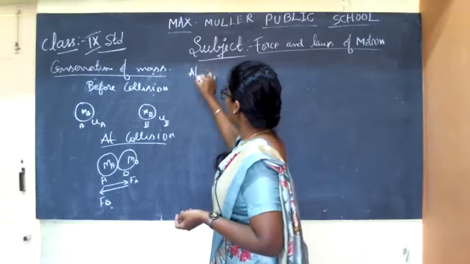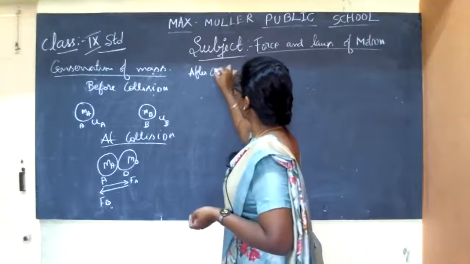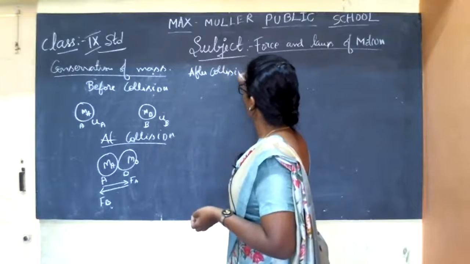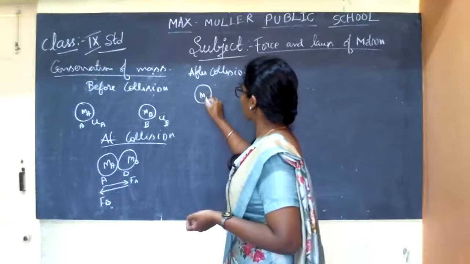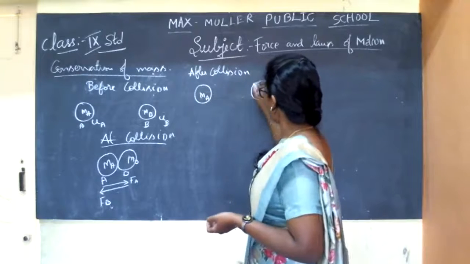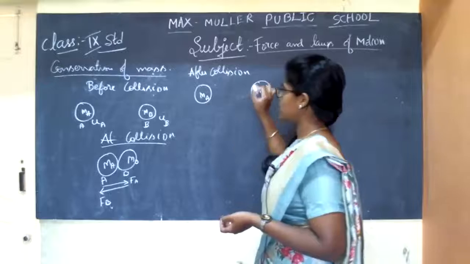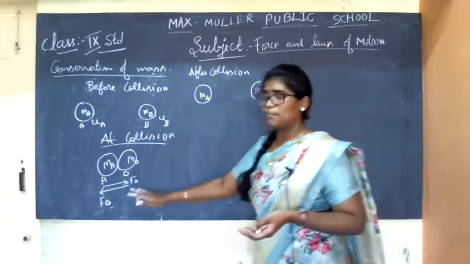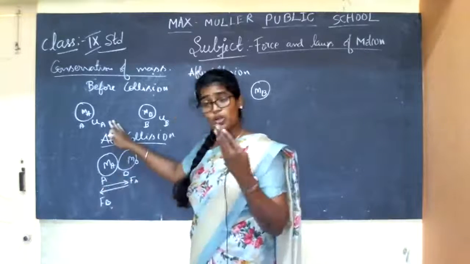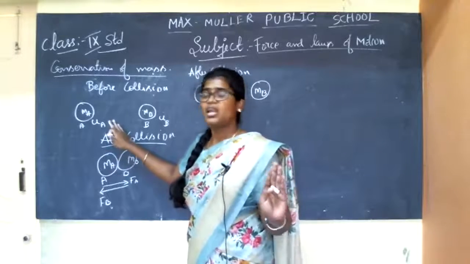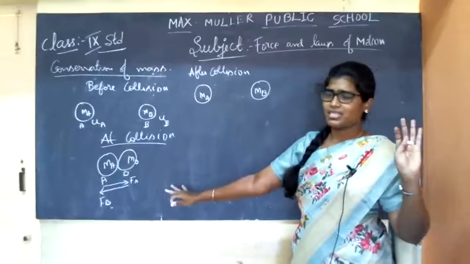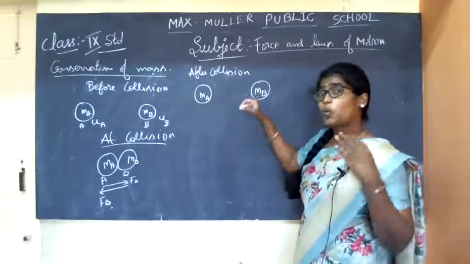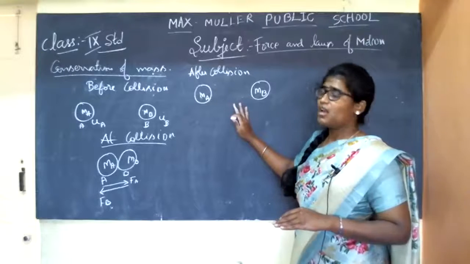After collision also, object A moves along with its mass, and object B also moves along with its mass. Here they met each other; here they did not meet each other. It was initial. Now they have met and time has passed. Everything has happened, and now they are moving. It is the final stage.